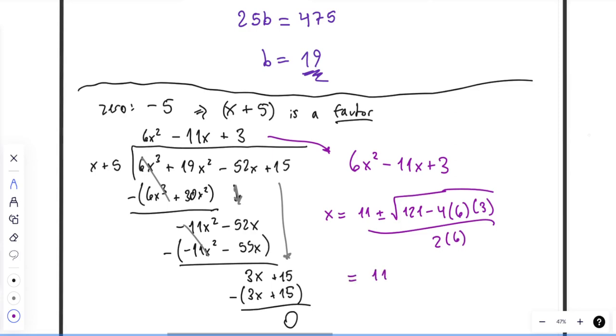Or that those roots, those zeros, are going to be 11 plus or minus the square root of 121 minus 4 times 6 times 3, which is 72. And 121 minus 72 will give us 49. So under the square root we have 49. Here we have 12.